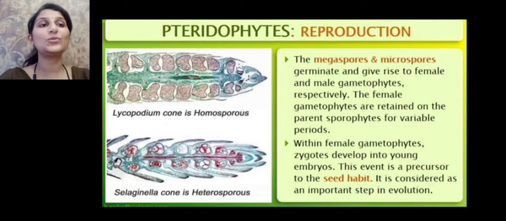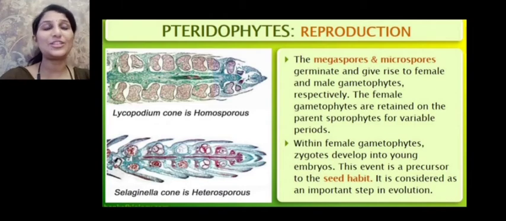The megaspores and microspores germinate to give rise to the male gametophyte and female gametophyte. The male gametophyte is produced by the germination of the microspore, and the female gametophyte is produced by the germination of the megaspore. The female gametophytes are retained on the parent sporophytes for variable periods. Within the female gametophytes, the zygote develops into a young embryo.